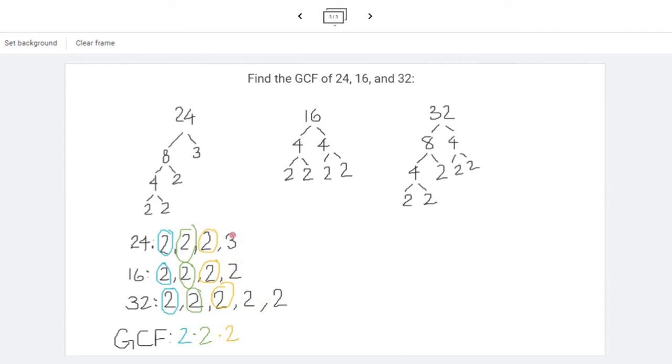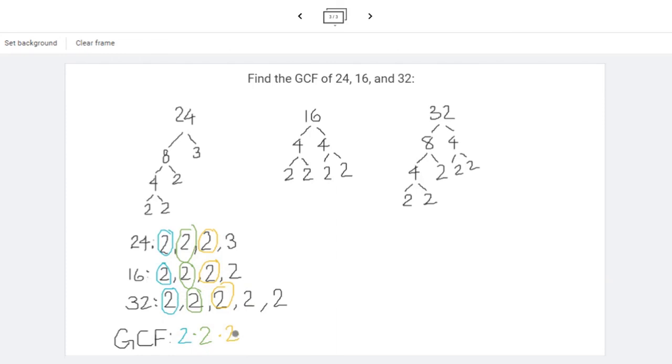Okay, so there is no 3. And that's the last one there. We can check this 2. There is a 2 here, but there is no 2 in the first one, so we can't do that. Okay, and that just leaves us with these 3 2's for the greatest common factor.